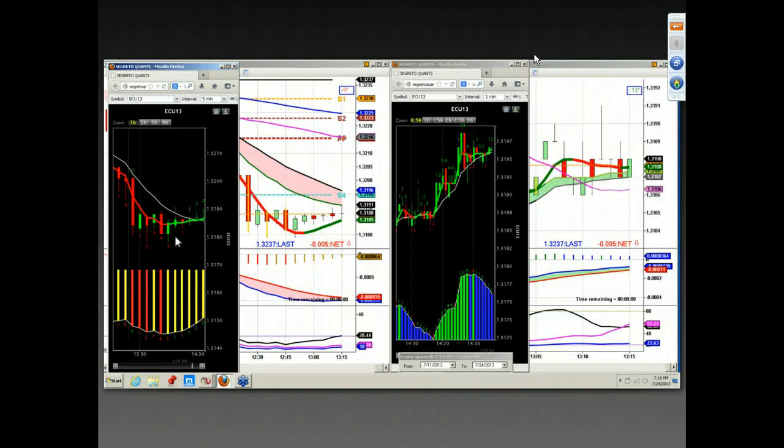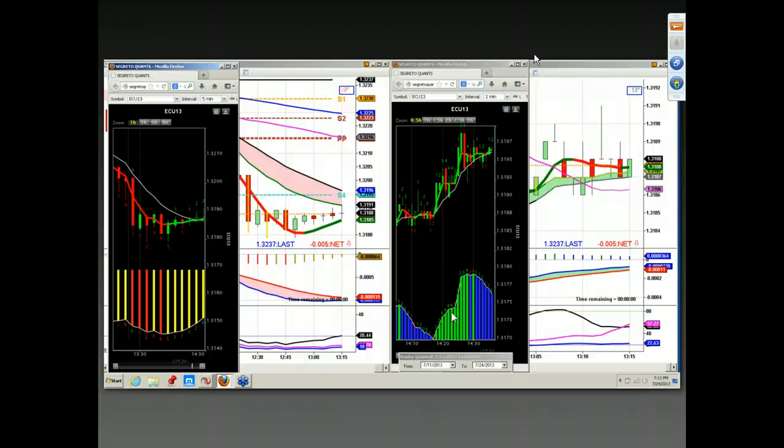Now remember, we're just using the 1 for matchy-matchy. This is our trigger chart. So we're looking for 1s, 2s, and 3s with yellow oscillators on green numbers. But over here we want to see green on green. And once we see that, we're going to feel good about making an entry.